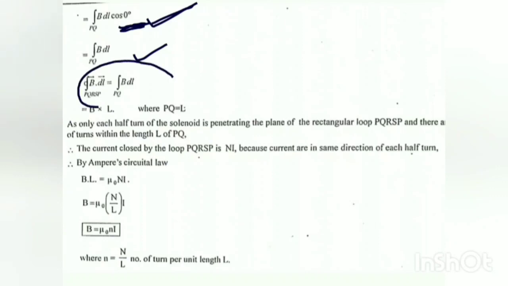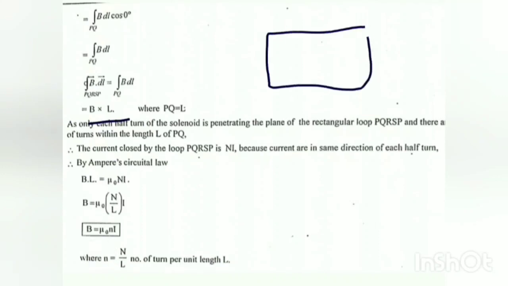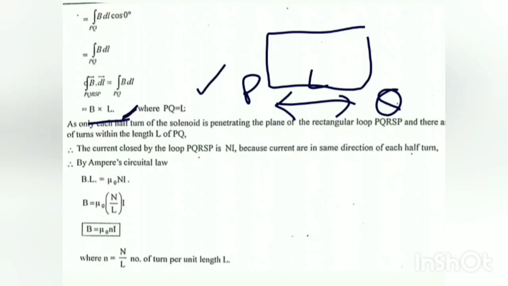At last we get B dot dl for the complete rectangular loop as integral PQ B dl. Now the integration of dl is complete length, that is denoted by capital L. In the rectangle, the length PQ is given by complete L. So we write complete L in this expression.